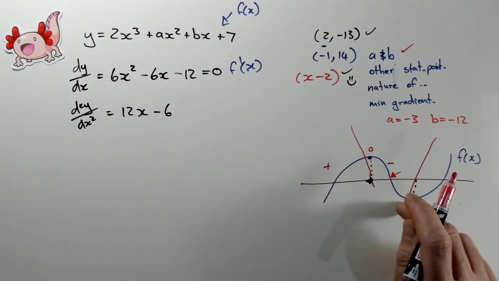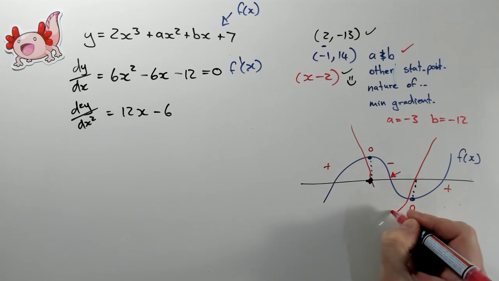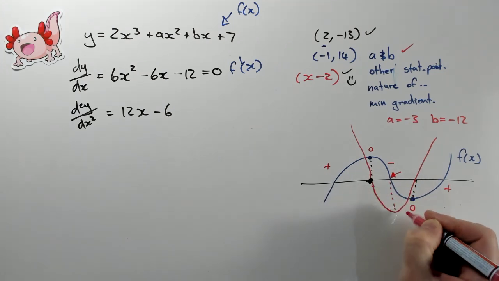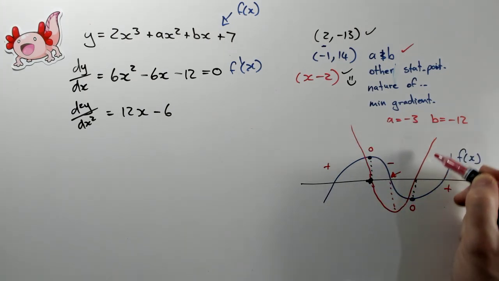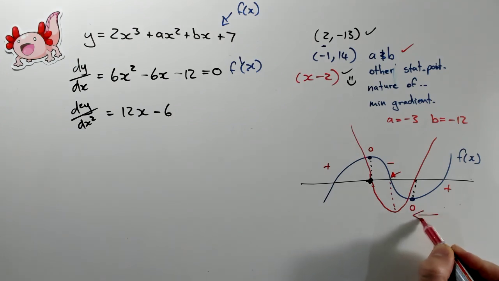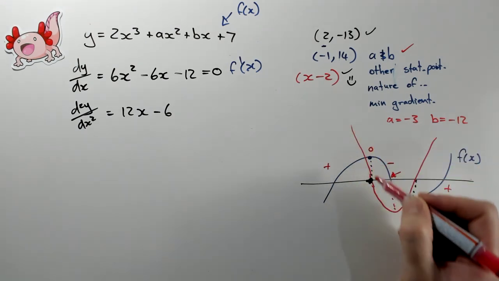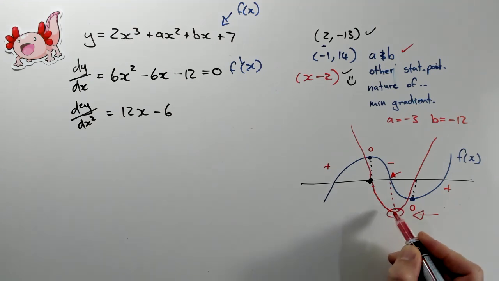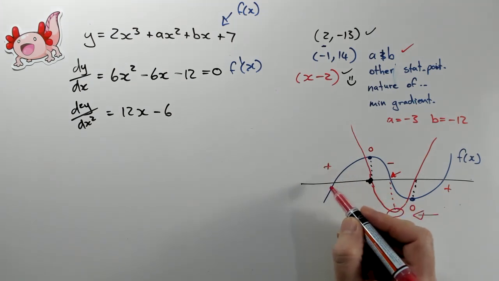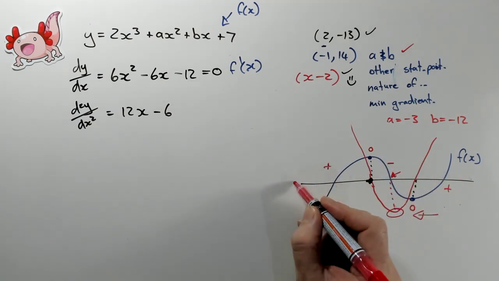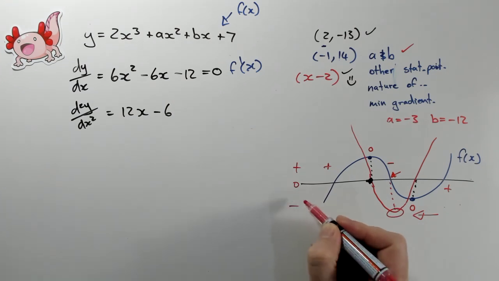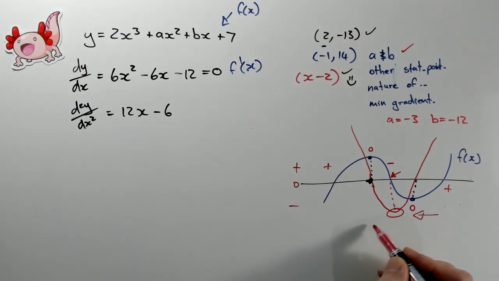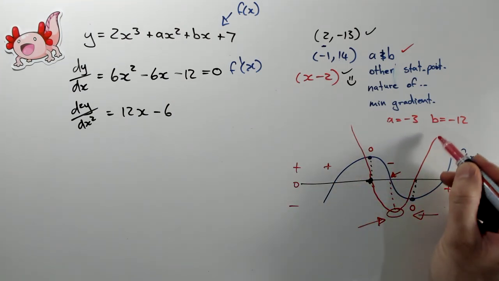Now, if I actually drew this correctly, it would actually line up there. And because this is a gradient function, this is a parabola, right? Let's say everything above here is positive and everything below here is negative. So this is the lowest point of my gradient function.